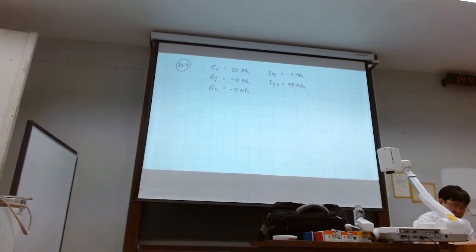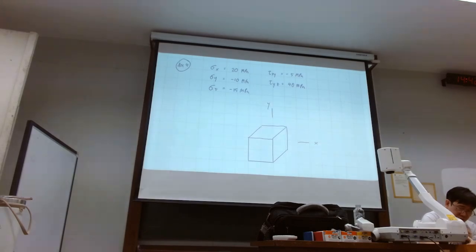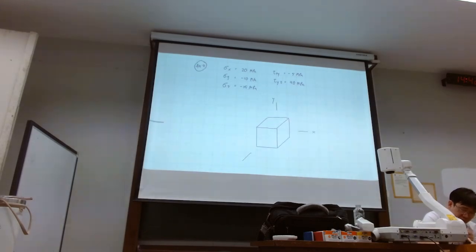So if I have this, you need to draw the three-dimensional element, and you need to be able to complete those arrows along with the number of the stress. So let's say we have x, y, and z.